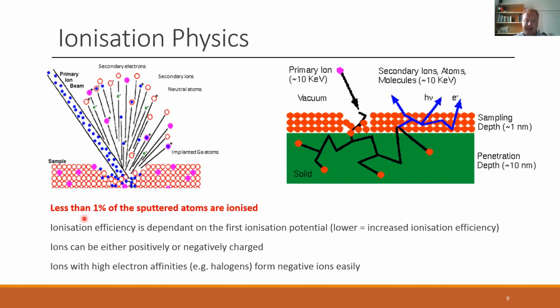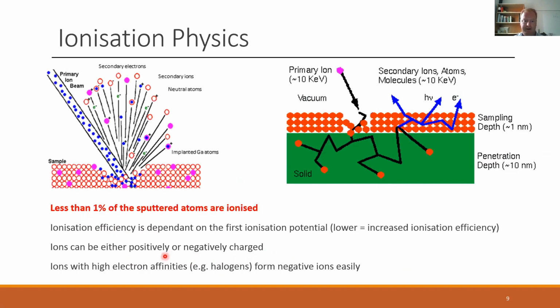And the amount that is actually ionized depends on the electronic structure of the material, so the first ionization potential. Another point there is that they can be ionized either positively or negatively. That means if we're using a bias to attract the ions over, we need to change that bias depending on whether we're trying to target positive ions or negative ions.